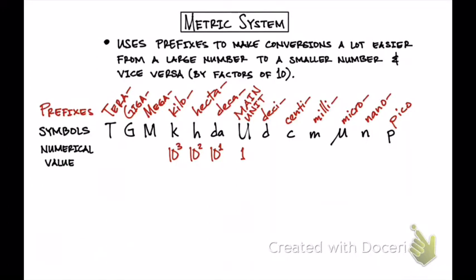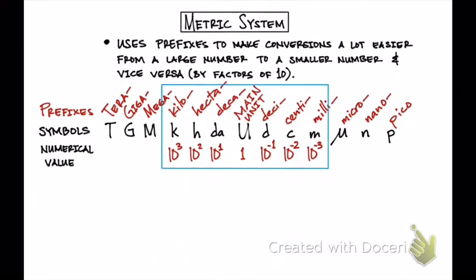So you're basically just counting down here: 10 to the third, 10 to the second, to the first, 10 to the 0, and then 10 to the negative 1 for deci, 10 to the negative 2 for centi, and 10 to the negative 3 for milli. So I'm going to box this in, these units and the numerical values.